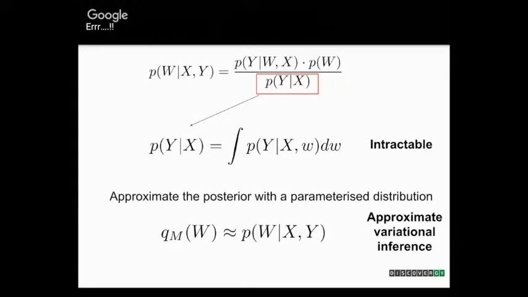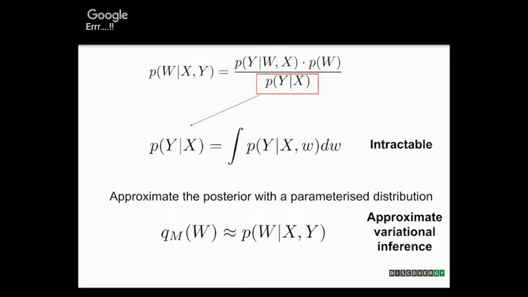But the tricky part here is, as was also mentioned in one of the earlier talks, it's very hard to calculate this posterior because of the denominator here. We have to integrate over all the possible parameter combinations, and this integral becomes intractable. So this is one of the central problems in Bayesian learning, and it has been studied very well. People have developed very good approximations to solve this.